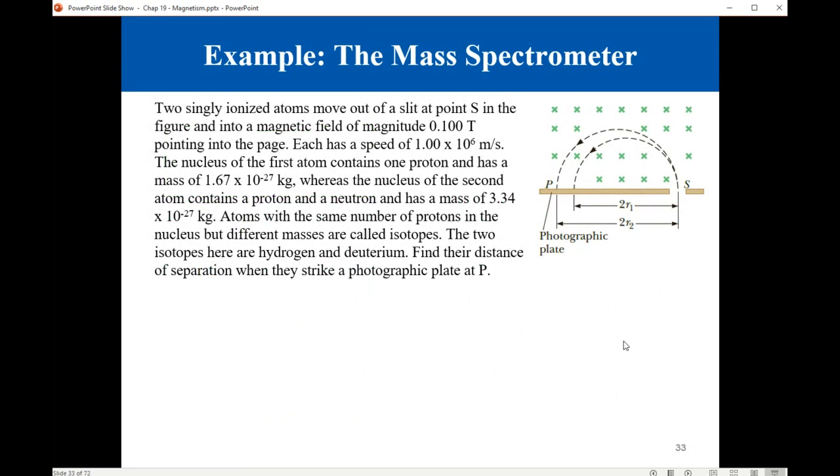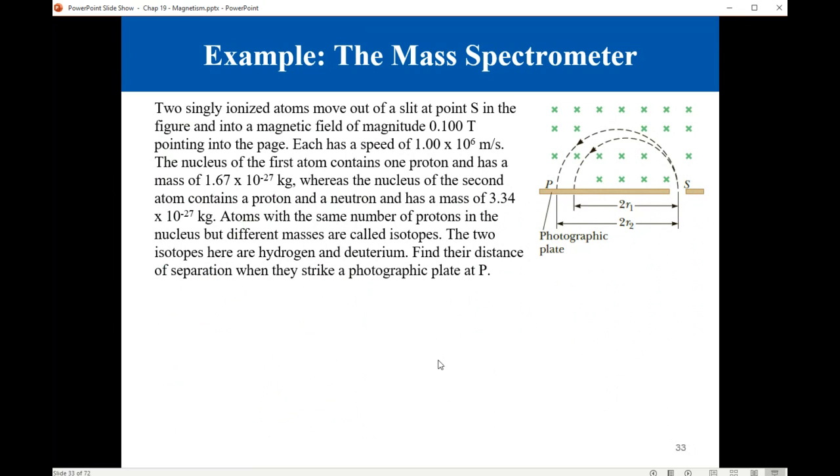One nice example of this behavior of charges as they enter into a magnetic field is the mass spectrometer. Mass spectrometer is very important in both physics and chemistry. It allows us to measure masses of isotopes, to separate isotopes from each other. Isotopes are very close in mass to each other.